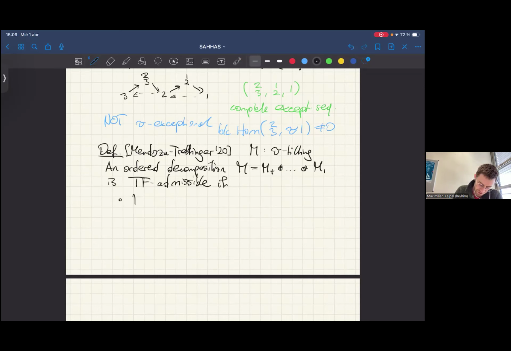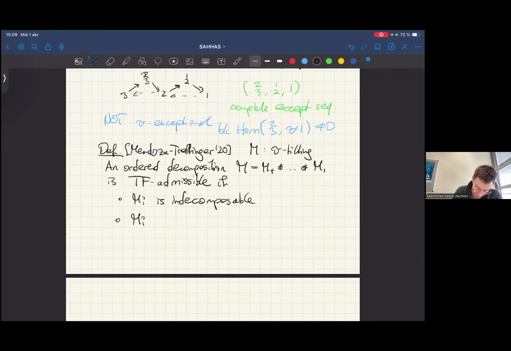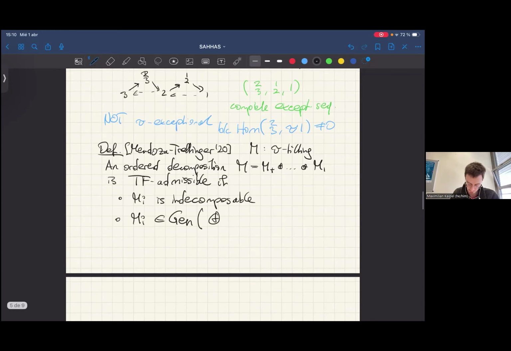If now each M_i is indecomposable, and we have this condition that M_i is not generated as a quotient module by any of the modules to its right, so by any M_j with j less than i.